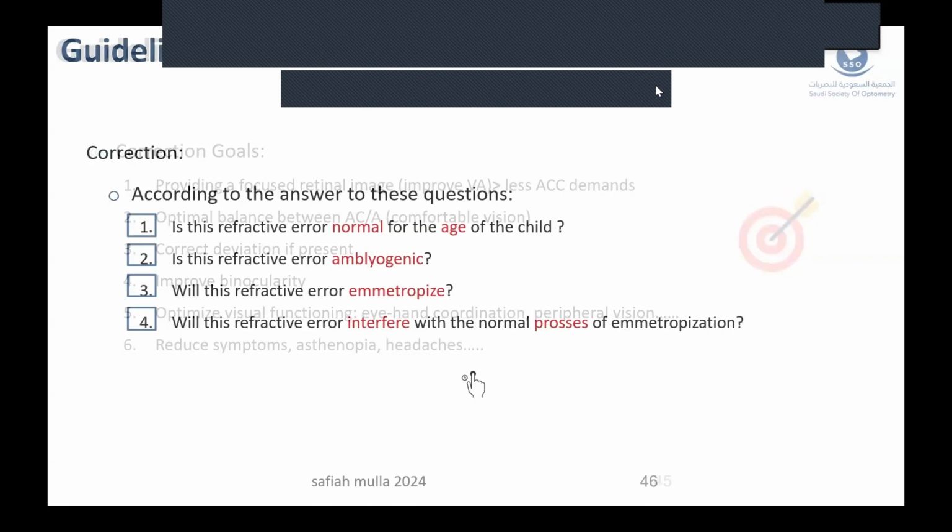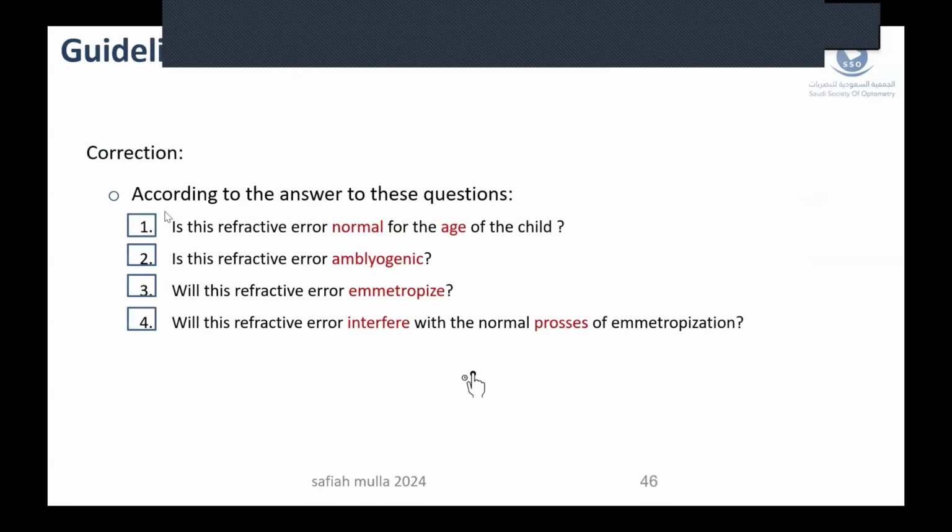Okay, so our corrections will be according to the answers to these questions. I have 4 questions. We will see how we're going to work with this. The first question is: is this refractive error normal for the age of the child?